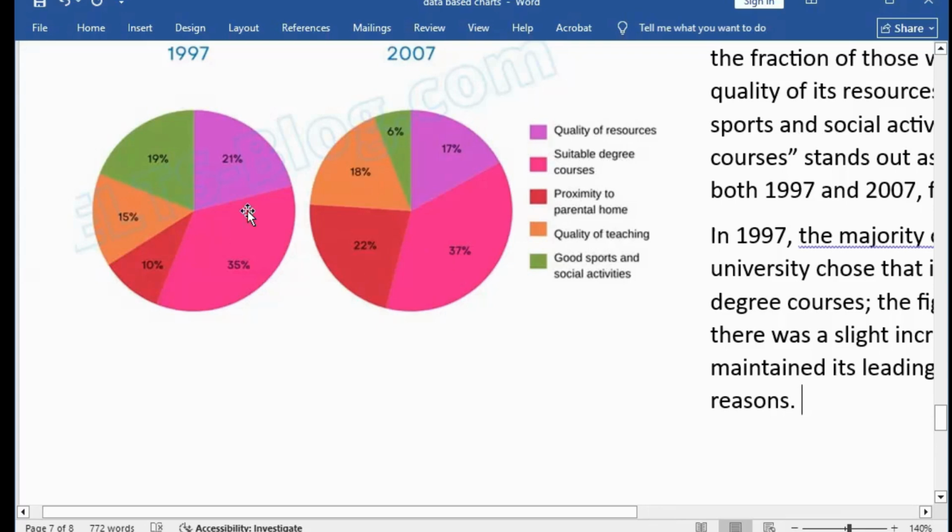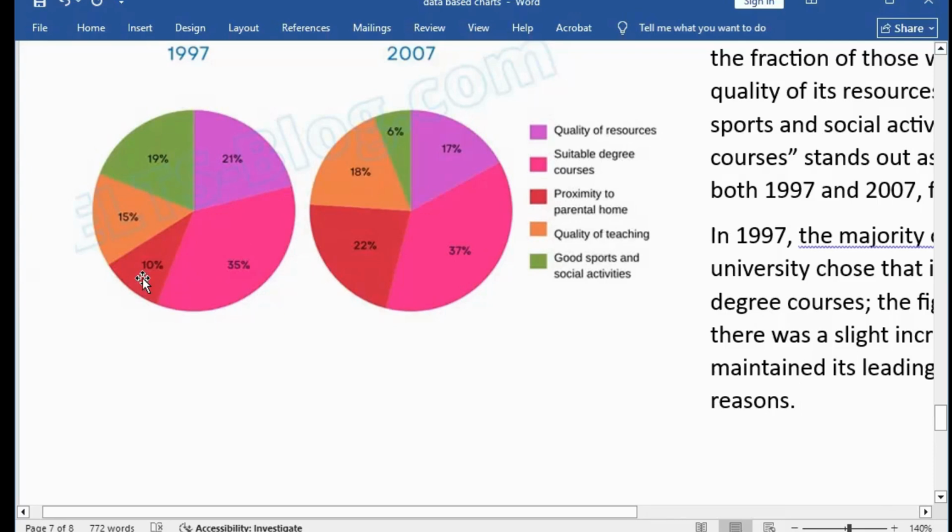Okay? So I've talked about this pink one, 35%, and then I said it increased to 37%. Which one am I going to pick next? Let me see who's going to get the correct answer. Anybody who wants to tell me which one I am going to write about next? Which reason?